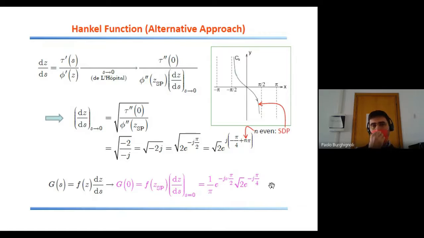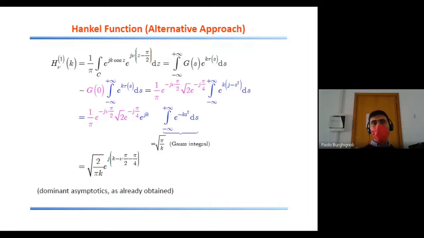Armed with this complex number, look now how to use it in the asymptotic evaluation of the Hankel function, whose definition is repeated here. This is the original integral in z, which has been replaced by a new integral in s, where now the integration limits go from minus infinity to plus infinity as we are running through the steepest descent contour.